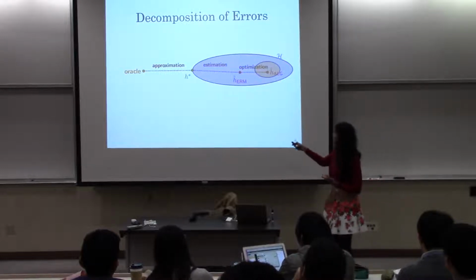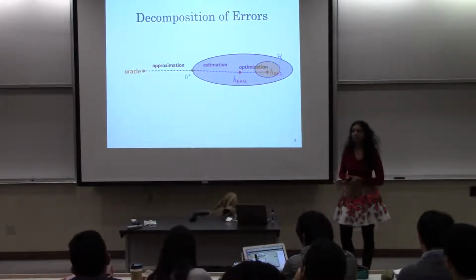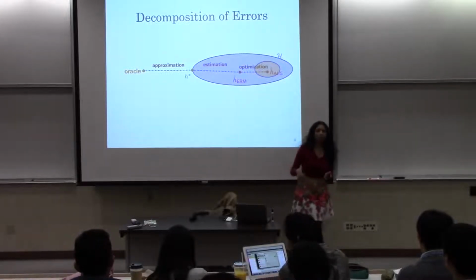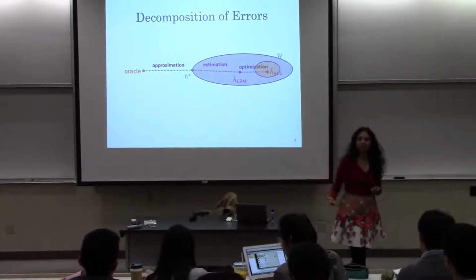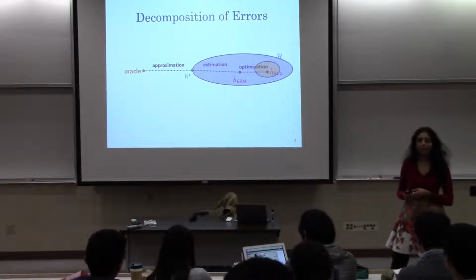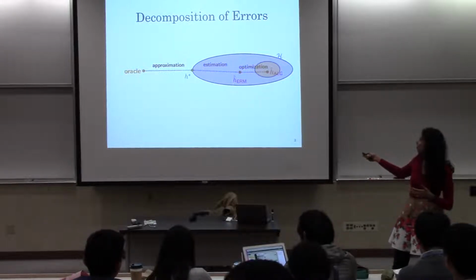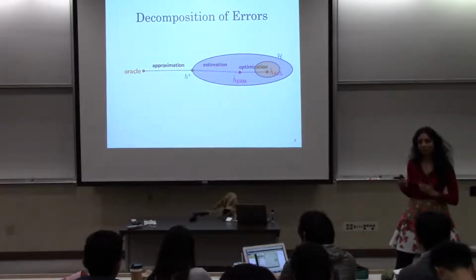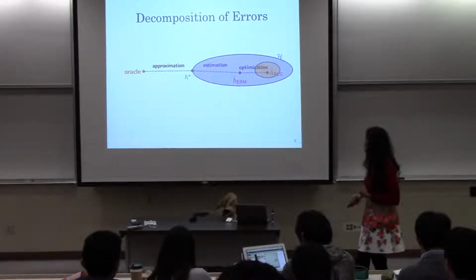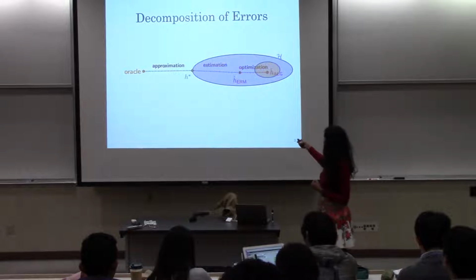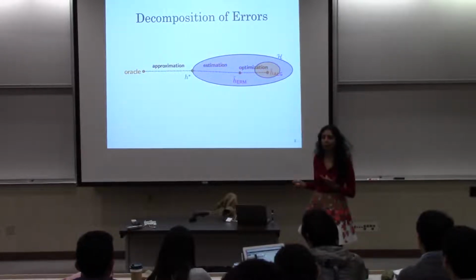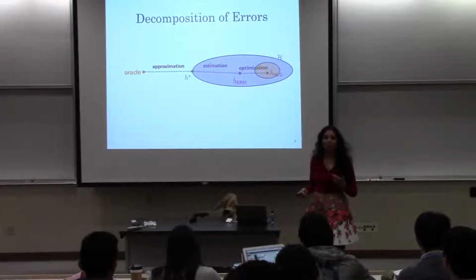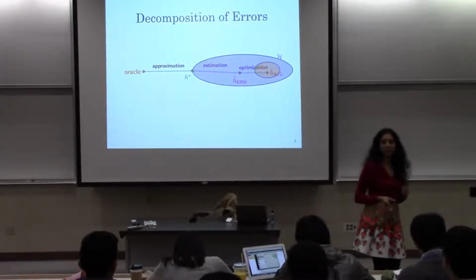Then the estimation is with my finite samples, I will make an error because I'm only going to fit to my training data, right? So, and one of the standard things to do would be to minimize the empirical risk, right? So I have a certain loss function, I will minimize that on my training data, and the question is, how does that differ from the population level classifier, right, the best classifier.